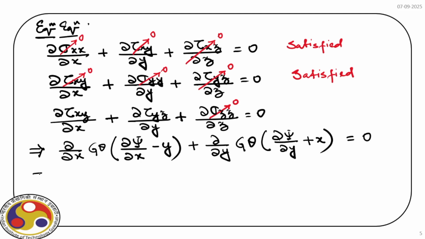Now if we simplify this expression, we get G theta times, the second term will be 0 if you open this first bracket, plus we have G theta.